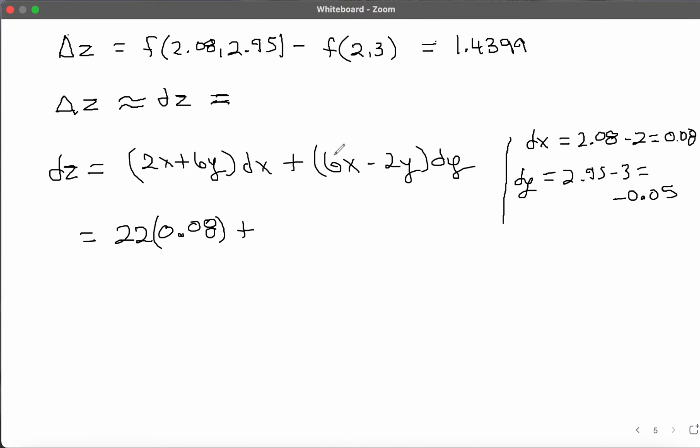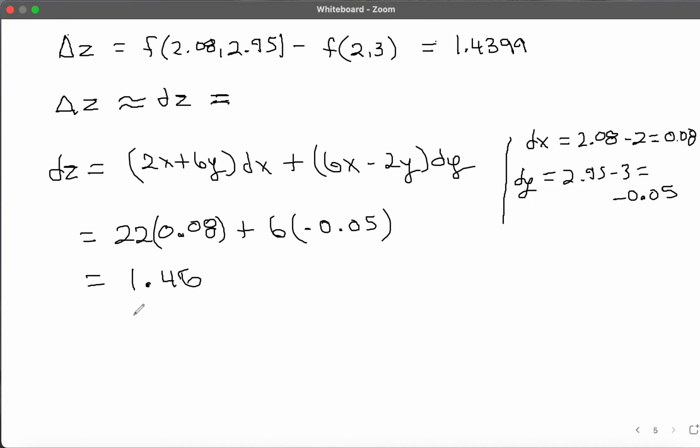And then same thing, 6x minus 2y, that's 6 times 2 minus 2 times 3, which is 12 minus 6. So we're going to get plus 6 times dy, which we said is negative 0.05. And then if we evaluate this, we are going to get an approximation of 1.46.